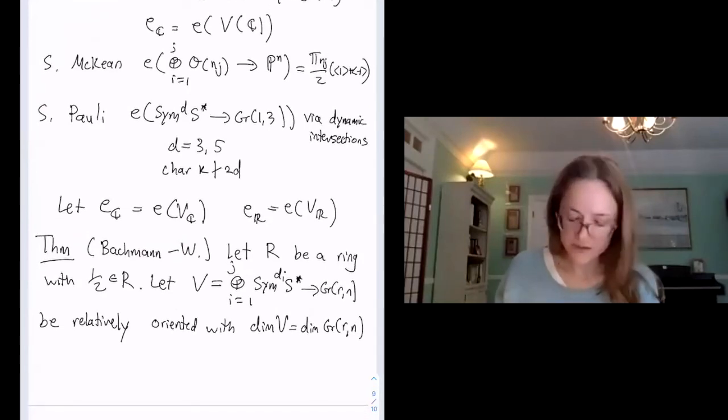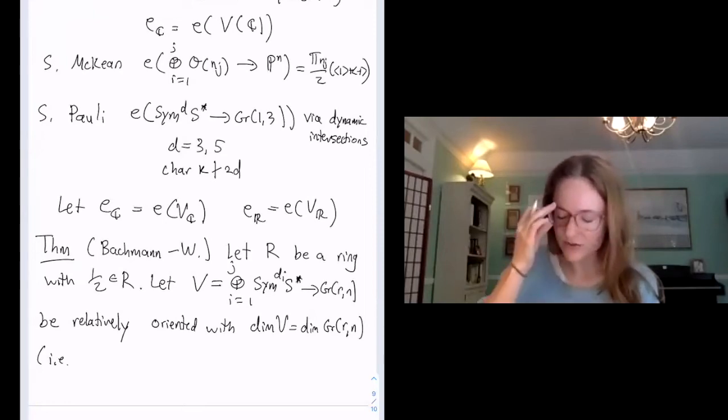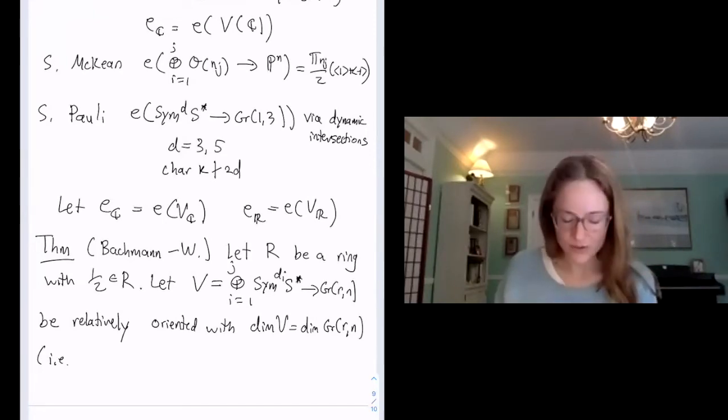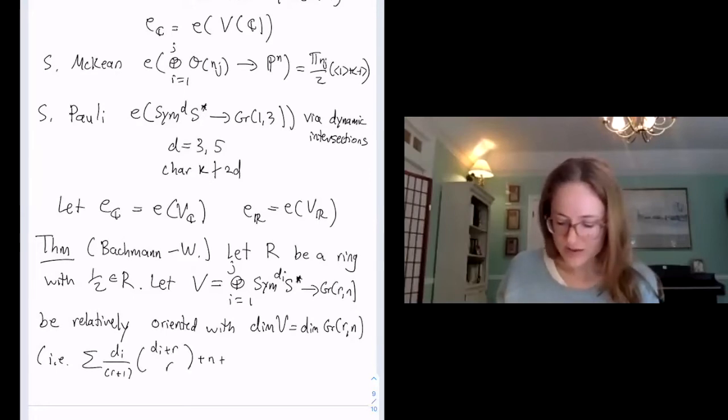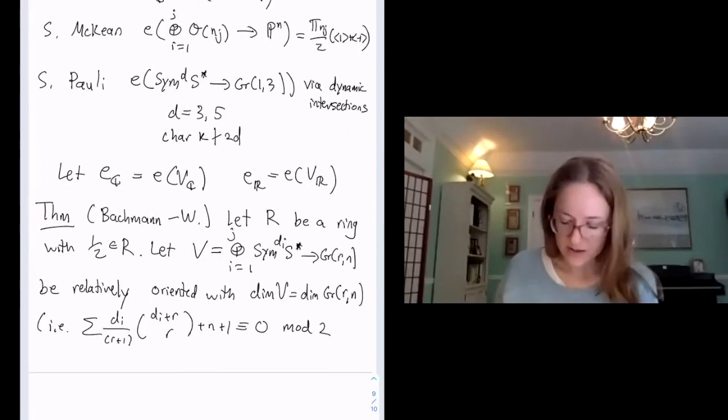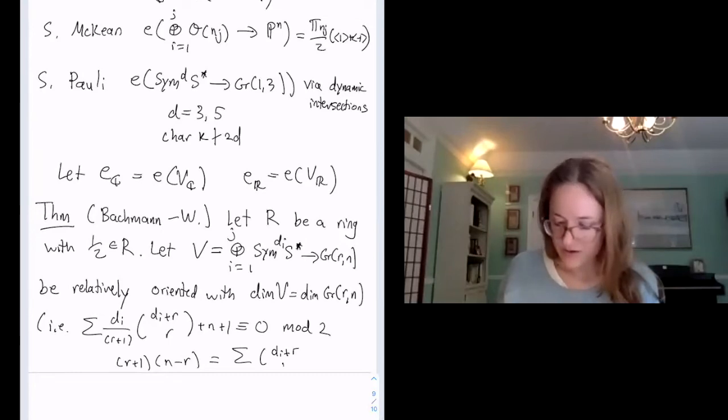We can rewrite this in terms of parity conditions and sum conditions. I.e. we want the sum of binomial(d_i + r, r), plus n plus 1, congruent to 0 mod 2, and the dimension equaling the rank: the dimension of the Grassmannian, (r+1)(n-r), is the rank, the sum of binomial(d_i + r, r).